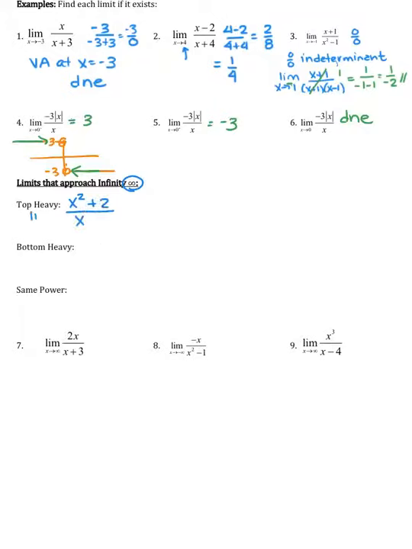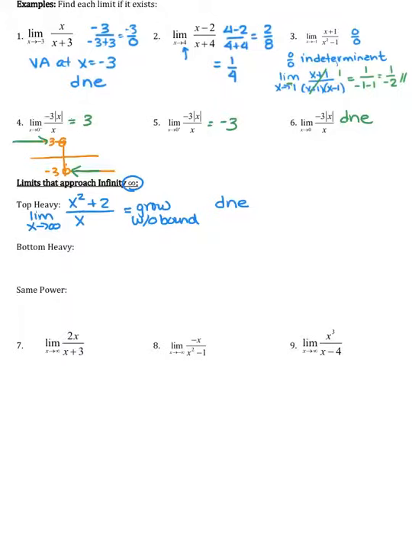So if I were to take the limit as x goes to infinity, it's kind of like saying what happens if I plug in really large x values. Since x is heavier on top, this is going to grow without bound. And so that means it goes off to infinity, which means there is no limit. The limit does not exist.